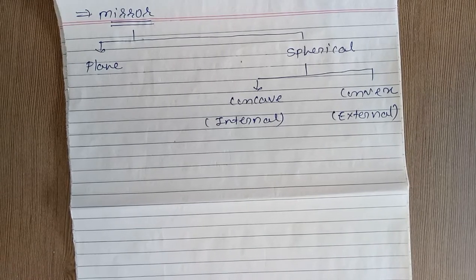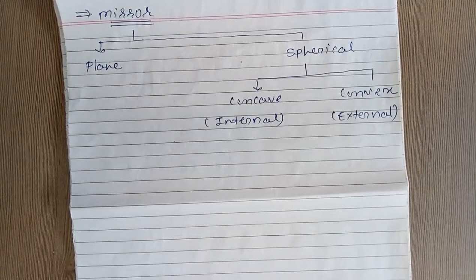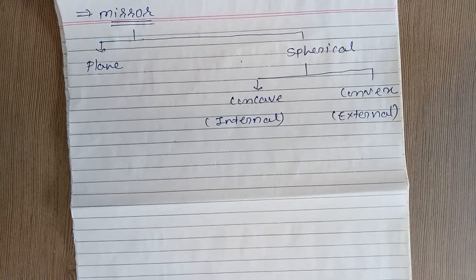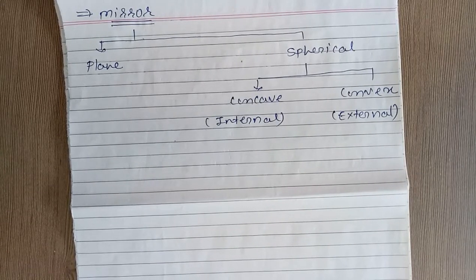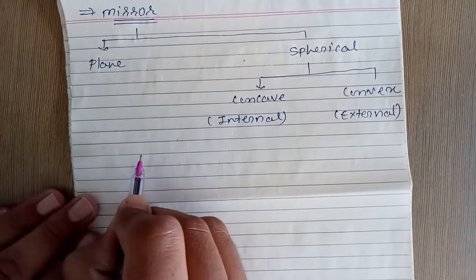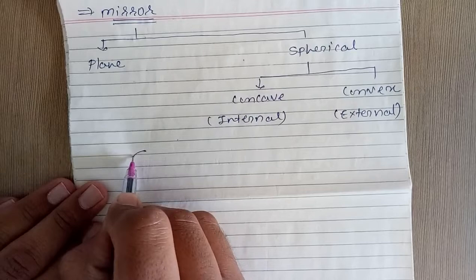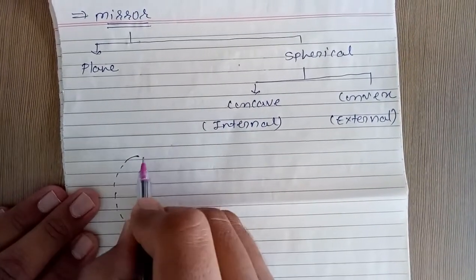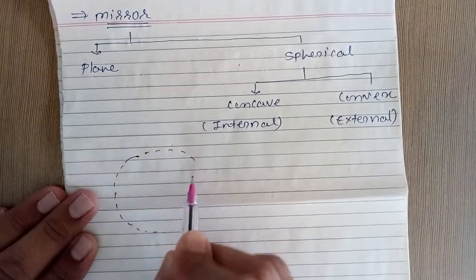If the internal surface of a spherical mirror is made reflecting, then it is called a concave mirror. So this is a spherical mirror like this, or we can say a spherical shell.